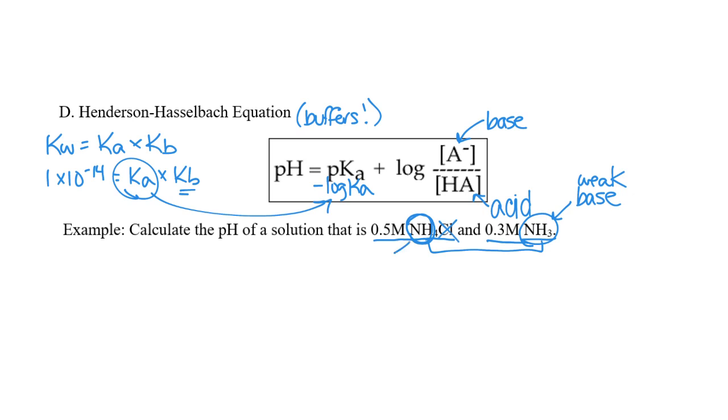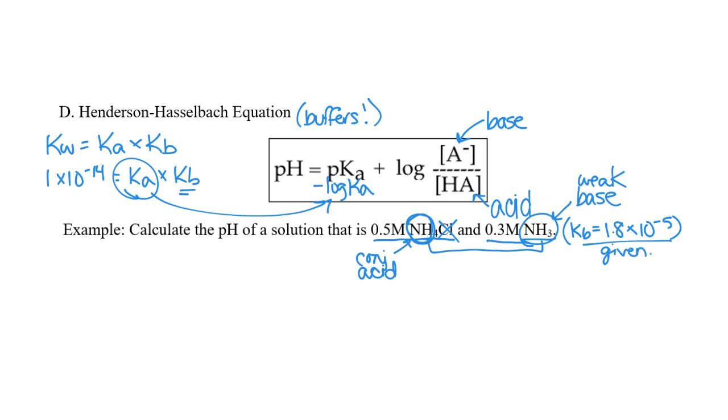So that's my weak base. This is considered to be my conjugate acid of NH3. Now, the other thing that I did not type in here is since the buffer is basic, they would be giving you that Kb value, which is 1.8 times 10 to the negative 5th. That would be given.